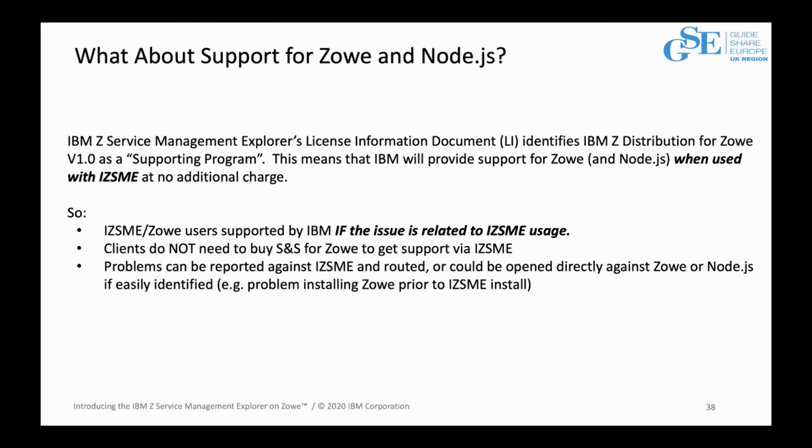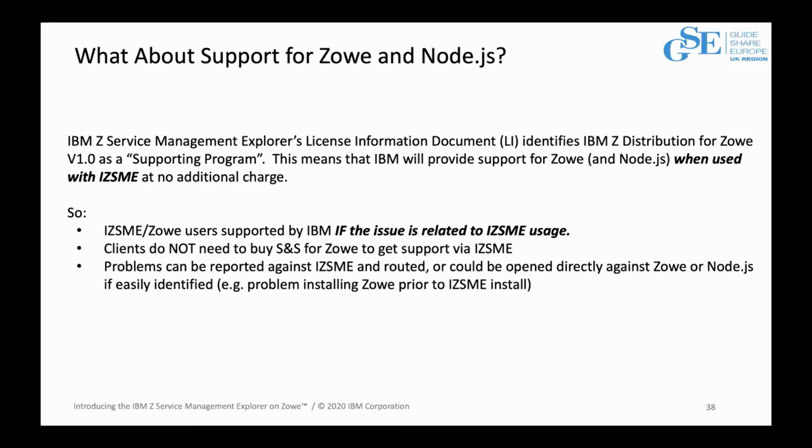But if you download the IBM Z distribution for Zowe, you will get support from IBM if you're using it purely for IBM Z service management at no additional charge. So you do not need to buy SNS for Zowe if you're using it for IZSME, and we will provide you the support if it's an IBM Z SME issue.